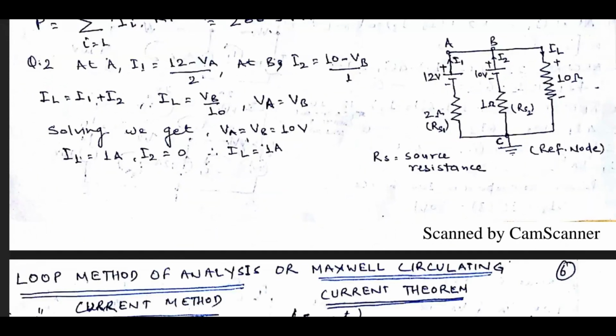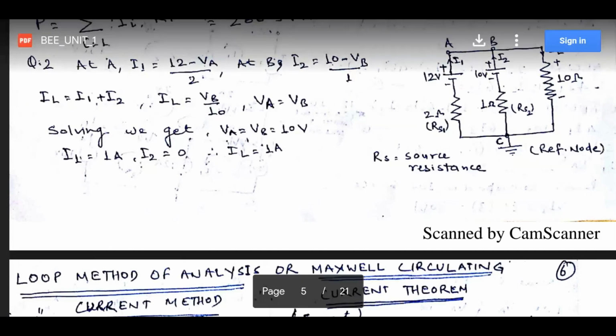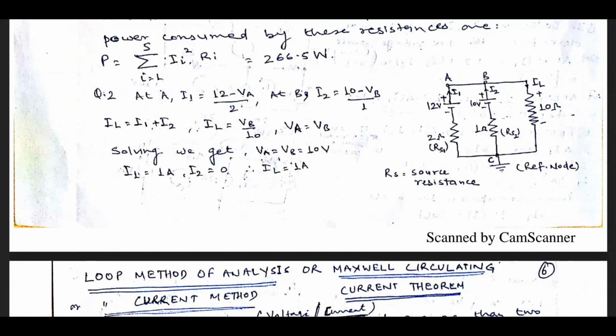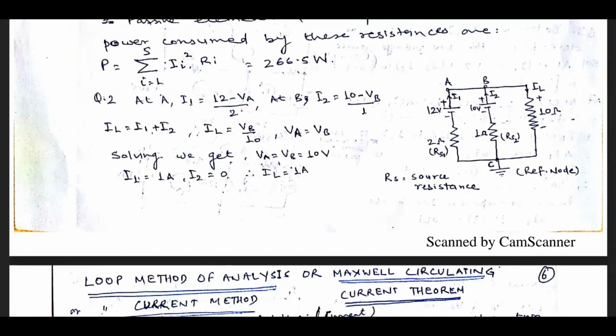First of all, at node A, we will calculate the equation. Here we can see that at node A, I1 is equal to 12 minus VA upon 2. 12 is the battery source, A is the node.